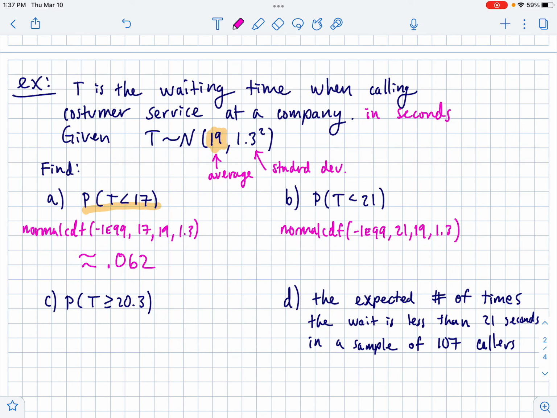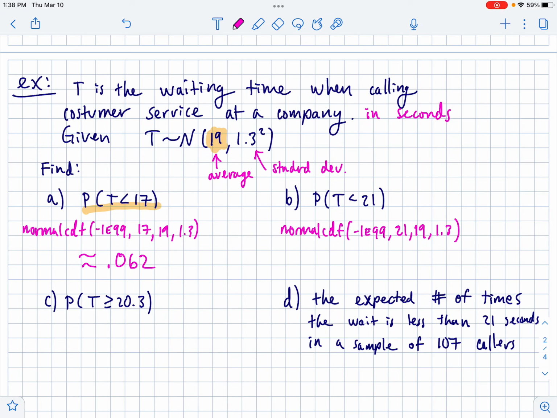Oh wait, sorry, the book is being weird about this one. Let's just crunch it out. Oh no, wait, it's 0.938? Yeah, I believe. So normalcdf, I'll check it. Oh my gosh, I did it wrong. Sorry guys. Negative 1E99, all the way up to 21.